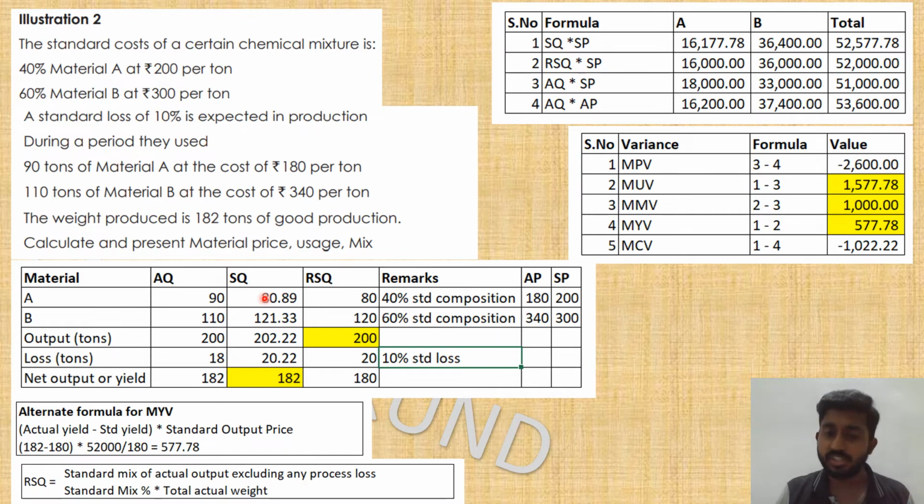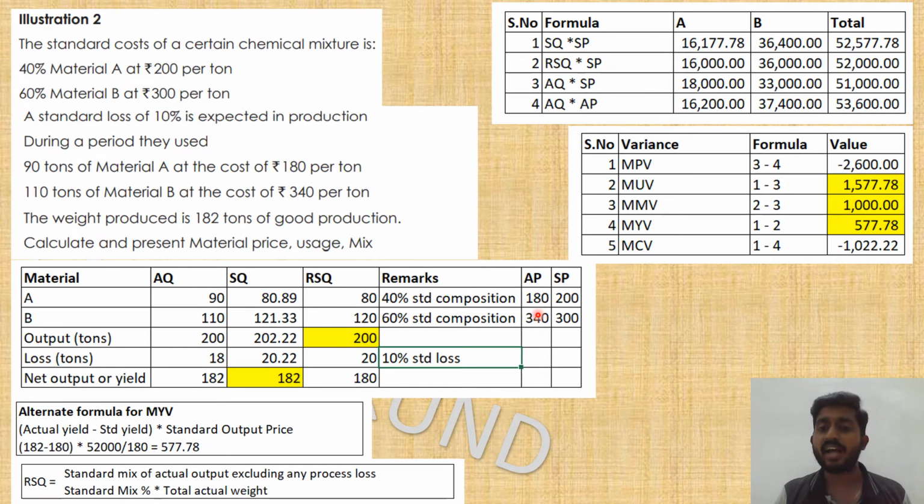So now you know the standard quantity, actual quantity and revised standard quantity. Also actual price and standard price are given in the question. Standard price is given as 200 and 300, we have taken that, and actual price is given as 180 and 340, which is given here.